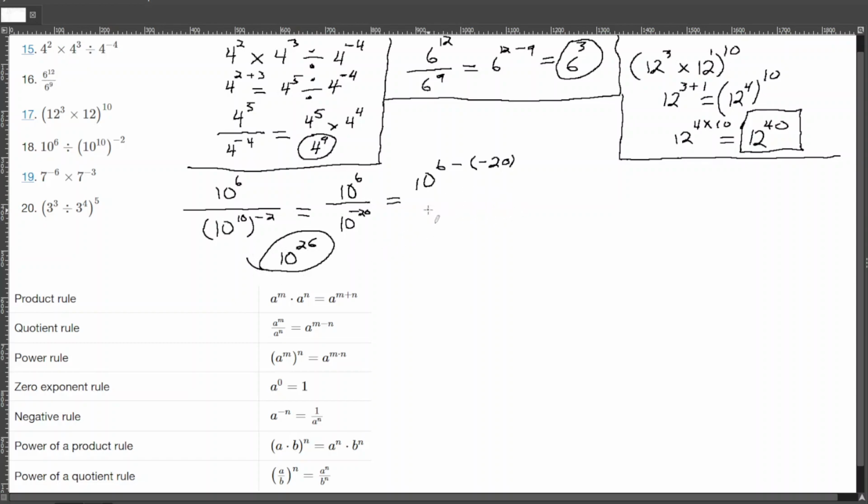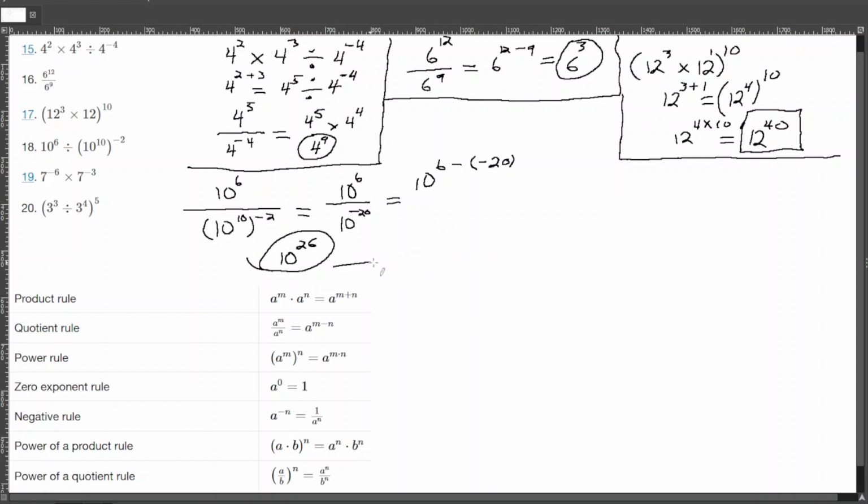So that's how we go about number 18. Basically, what I did here in a nutshell, you could have done 5 minus negative 4, which would have been 5 plus 4, 4 to the ninth. So different ways to really look at these. Hopefully it helps us expand our mind a little bit.